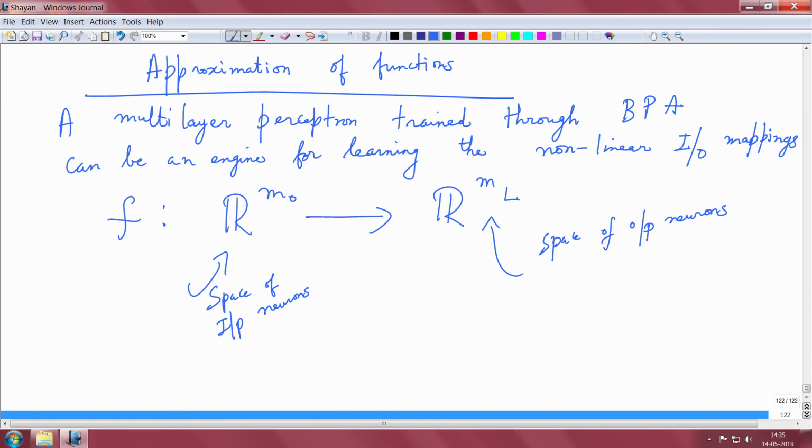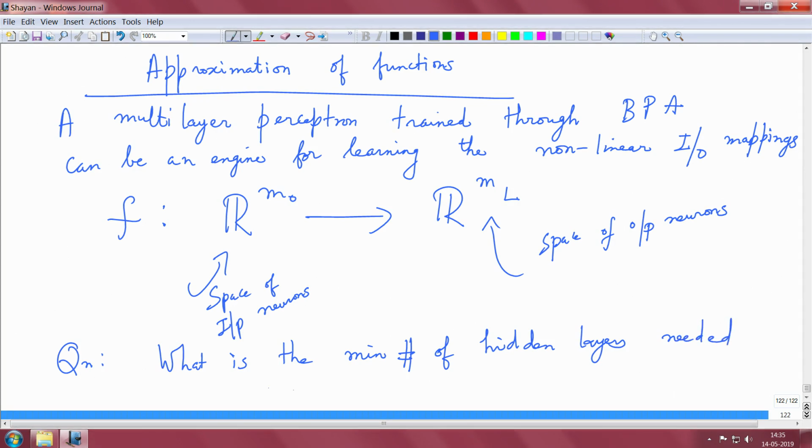Now the question that we will have to look into algorithmically is, what is the minimum number of hidden layers needed for a multilayer perceptron to learn the input output relationship, right?